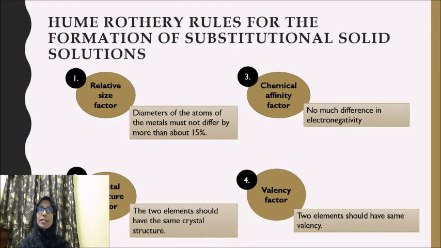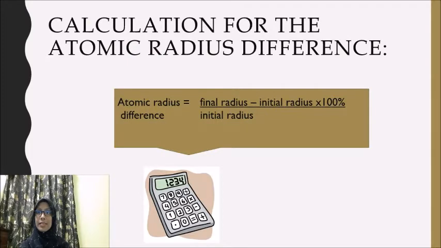First is the relative size factor: the diameter of the atoms of the metals must not differ by more than 15%. Second, crystal structure factor: the two elements should have the same crystal structure. Third, chemical affinity factor: not much difference in electronegativity. And lastly, valence factor: the two elements should have the same valency.